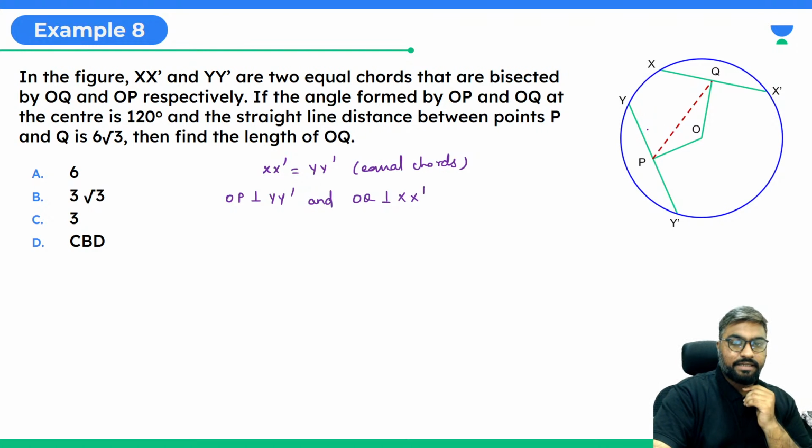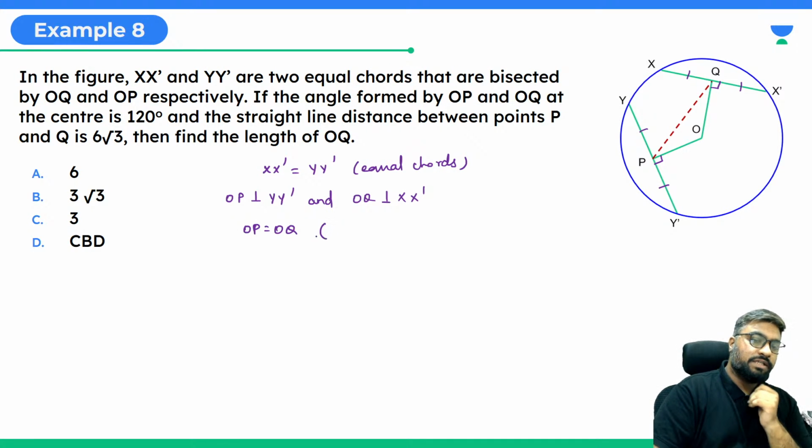Because they are bisectors, they are automatically perpendicular. Yes, and because they are perpendicular, we can also say that OP and OQ will be equal.